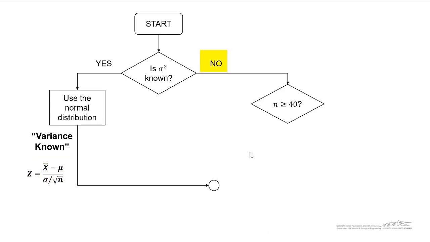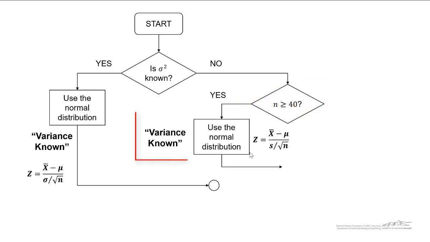If the variance is not known, then we can ask ourselves, is n sufficiently large? Some people will say n has to be greater than 75 to 100, but your textbook recommends if n is greater than or equal to about 40. If that's the case, then we're also going to assume that this is the variance known case.